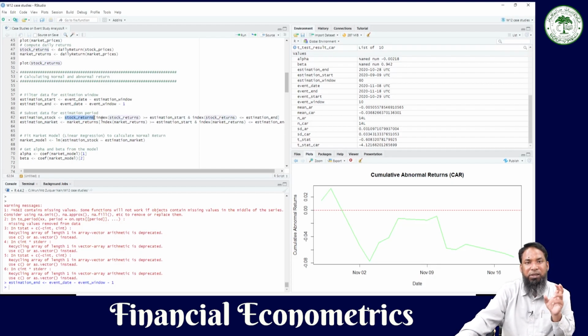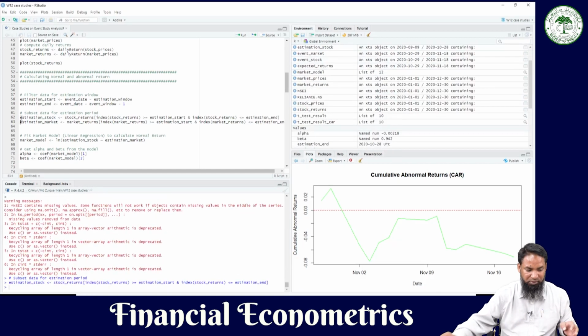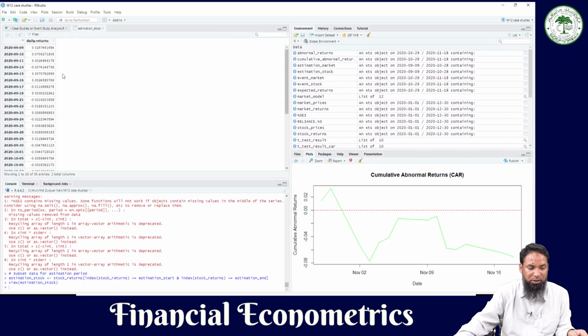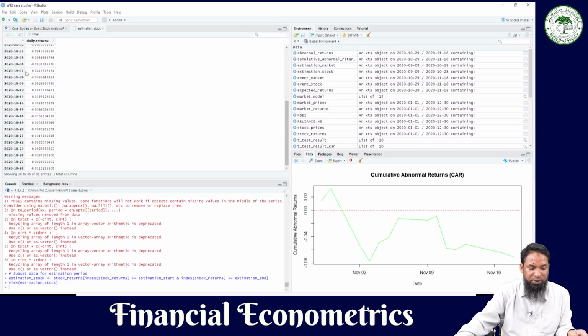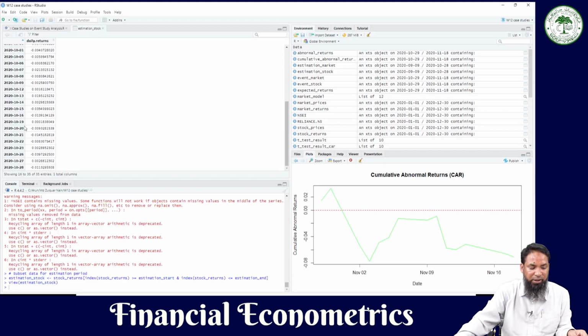The index basically refers to the particular date, then the stock return should be more than the estimation start and less than the estimation end. So in between we are making the subset of that. So we are making the estimation stock subset here. If you see here, this is the estimation stock we have created. This is the subset for the estimation we are using, starting from 9 September 2020 and ending at 28th October 2020. So this is the data which we will be using to estimate the normal returns.